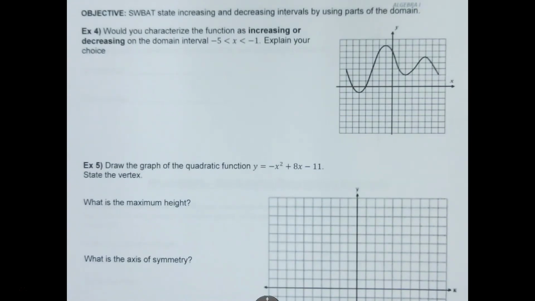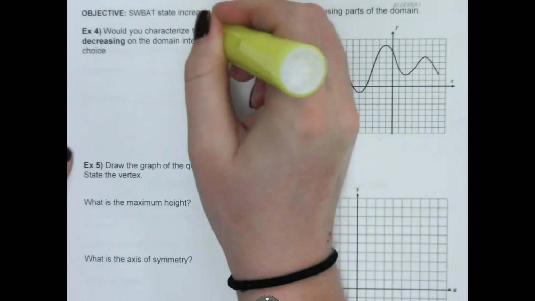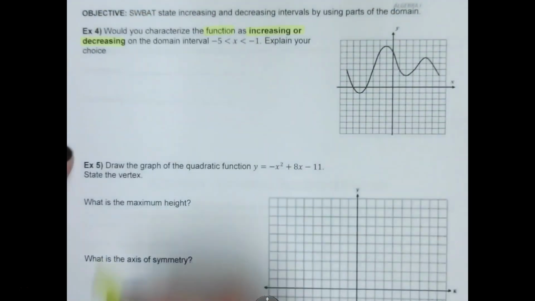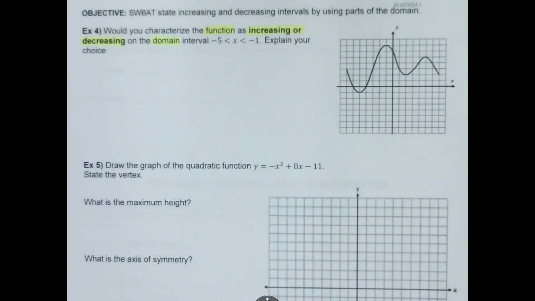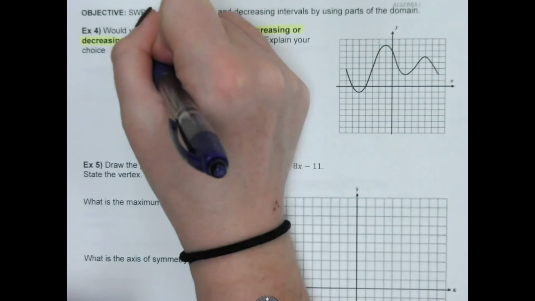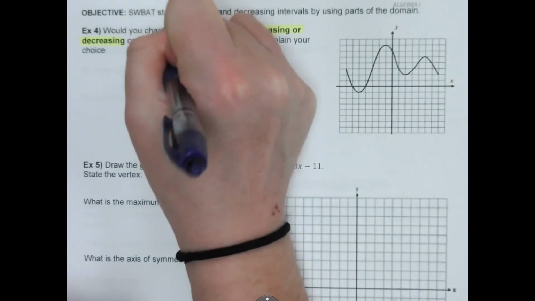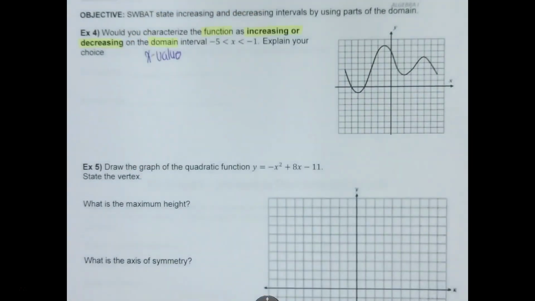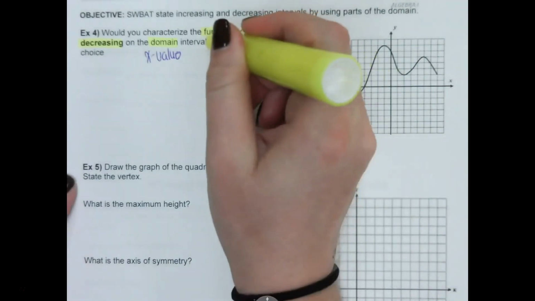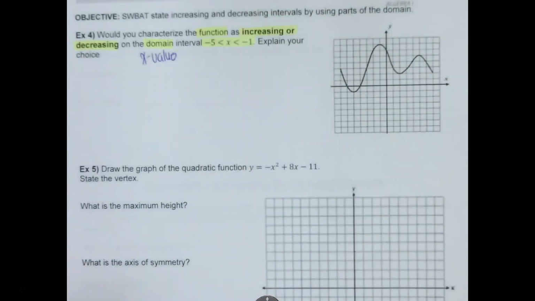They're asking me if the function is going to be increasing or decreasing depending on the domain. When you hear domain, what do you think of? Oh yeah, that's right. We should be thinking of our x values, our x-axis. All right, so it's telling me that the domain is when x is in between -5 and -1.